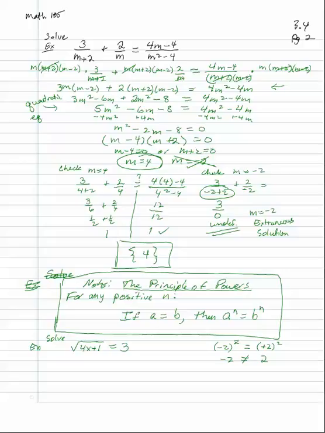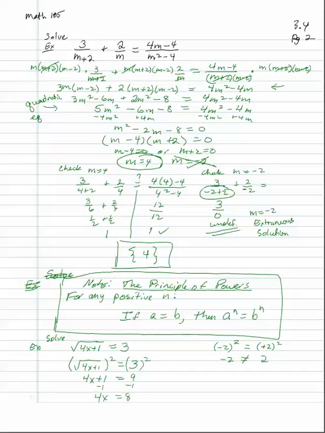So again, if I want to solve square root of 4x plus 1 equals 3, I'm going to use the principle of powers. I'm going to square both sides. So if that's true, then this is true. The square and square root cancel each other. 3 squared is 9. Subtract 1. So 4x is 8.